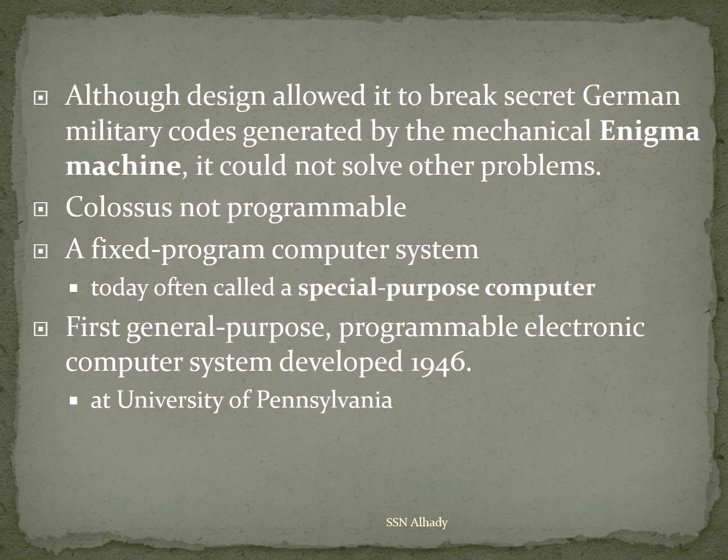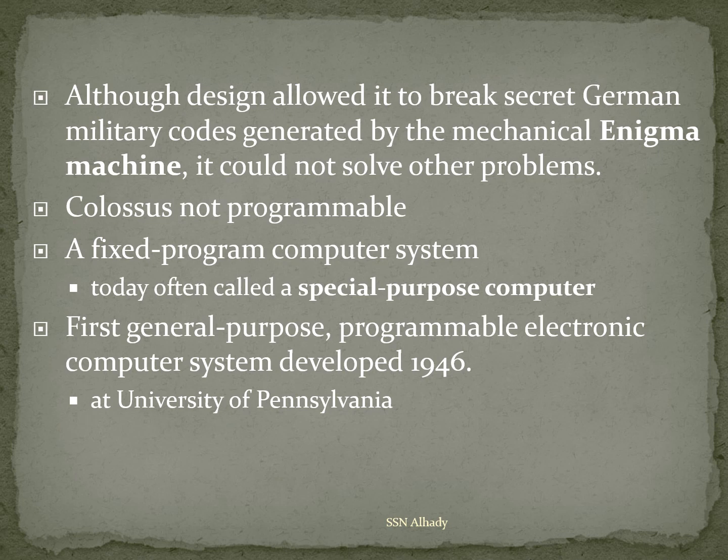Although the design allowed it to break codes generated by the machine, it would not solve other problems. So it is a narrow application, only for the purpose of breaking secret German military codes. And Colossus during that time was not programmable.